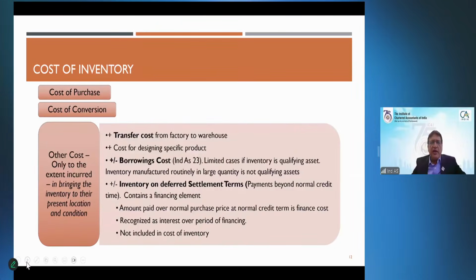In audit, we find a lot of anomalies in this. Many of my clients do whatever they want, and then when the audit is there, all the correction happens.